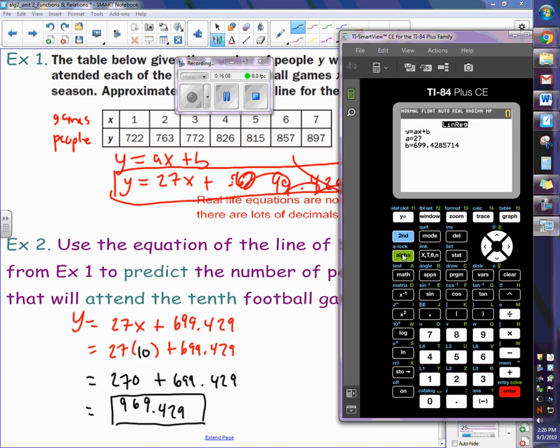All right, so now when I recall it, alpha trace 1, I'm saying I want you to find equation Y1 and substitute x with 10. That's what you're telling it to do. And this is what you'll get: 969.429, which is what we got. But if you don't want to use a calculator for that nifty trick, then take it step by step like I did.